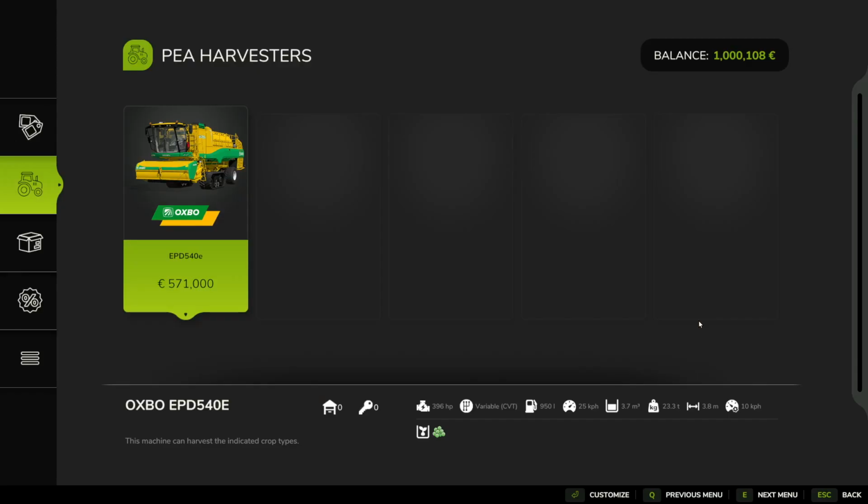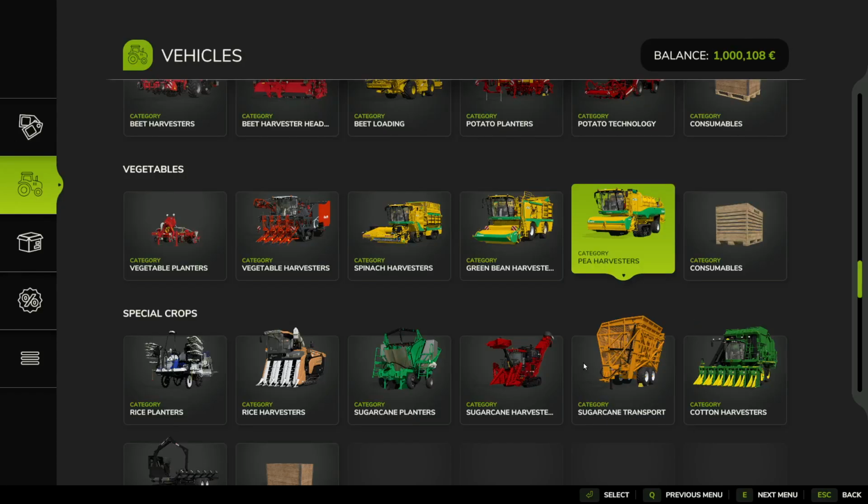But with these machines, I like it a lot to use them in contracts. So I do a pea harvesting contract or a green bean contract, because then I can rent the machinery very easy and cheap, much cheaper.